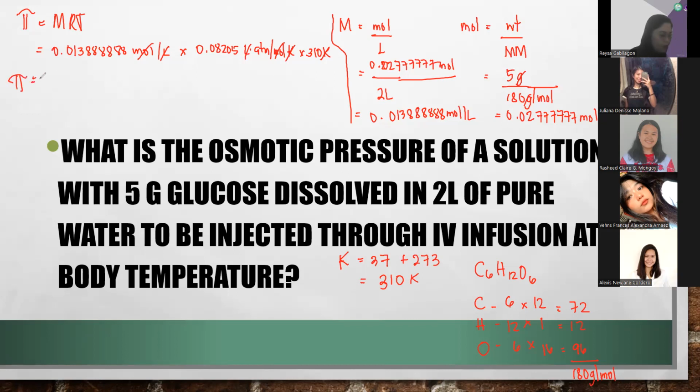Therefore, our osmotic pressure here is 0.0138888 times 0.08205 times 310. To two decimal places, we have 0.35. Oh, I haven't moved the Kelvin yet, ha? This is ATM. Okay? 0.35. Okay, tama. 0.35 ATM.